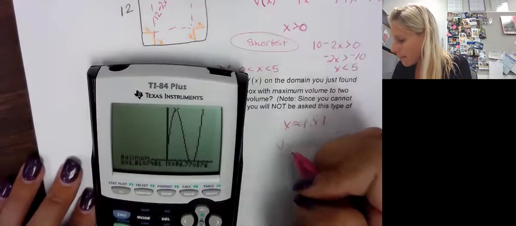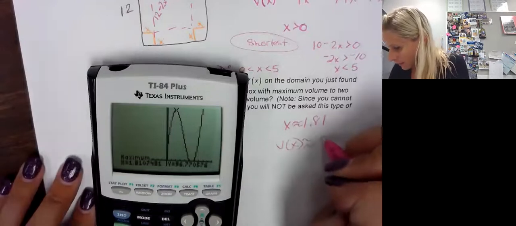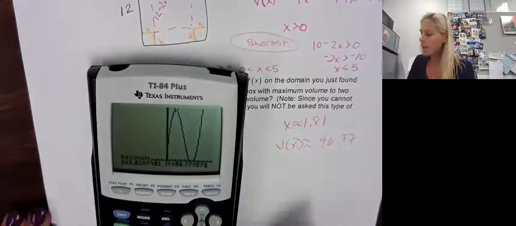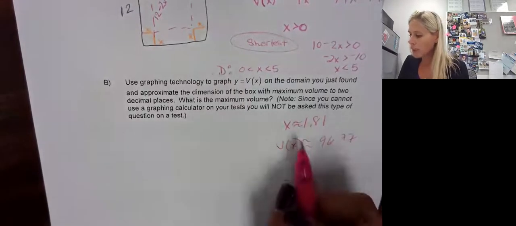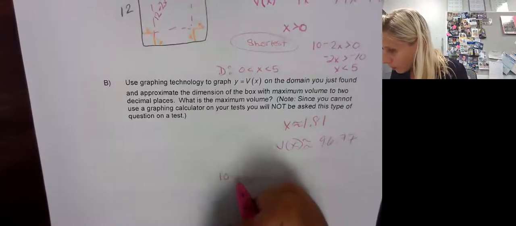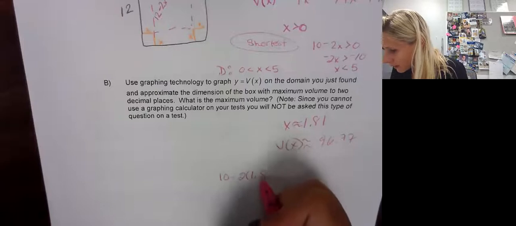That would make my max volume 96.77. And if I wanted to find the other two dimensions, I would just have to put the 1.81 into my two sides.